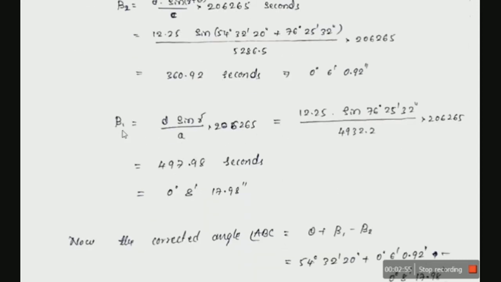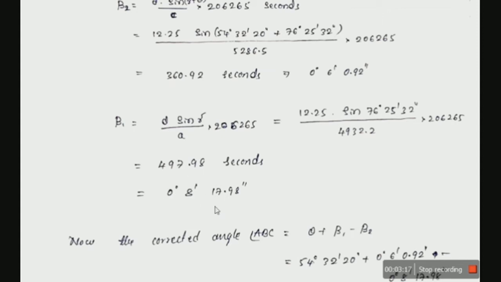Similarly, we have to calculate beta 1. This is the formula, and this is the constant for the value to be in terms of seconds. Again put in all the values. We are getting this much of value in terms of seconds. Then converting into minutes by dividing by 60.